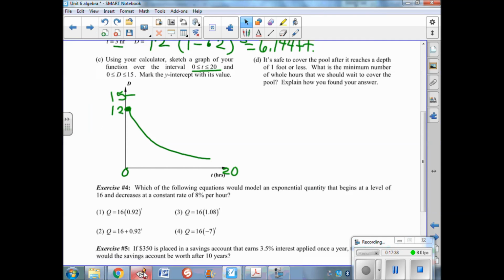So you could draw yourself a nice little table. What is the minimum number of whole hours? Explain how you found your answer.